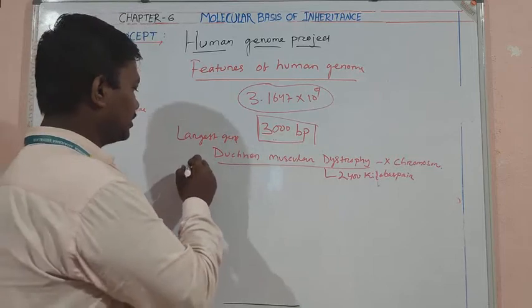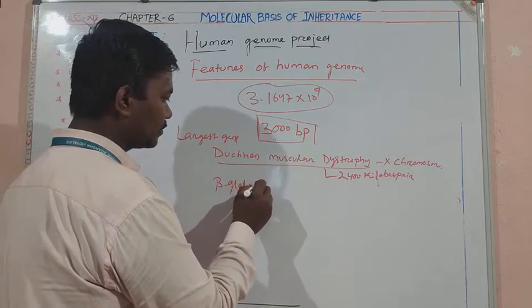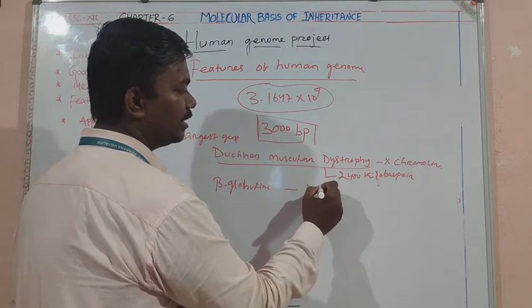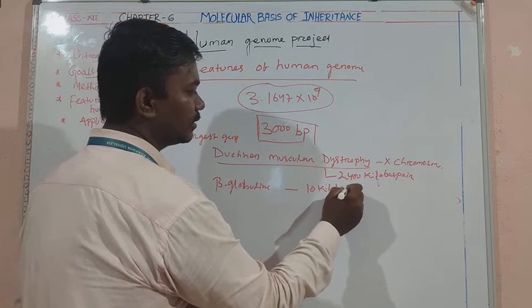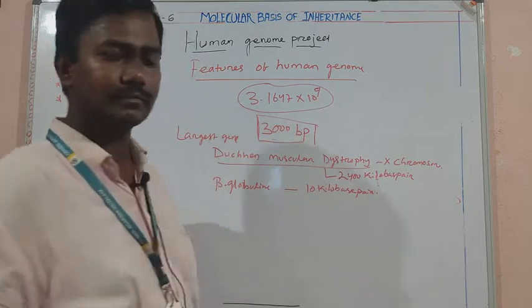The smallest ones are the beta globin and insulin genes, which have up to 10 kilobase pairs of nucleotides. Got it?